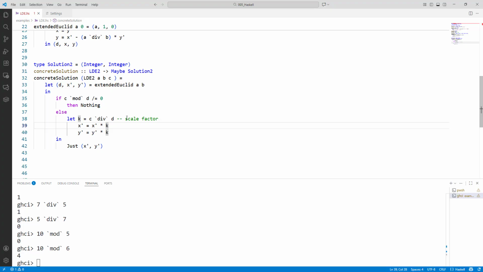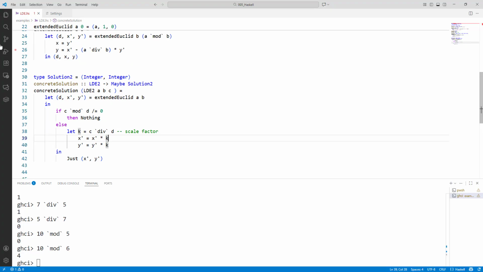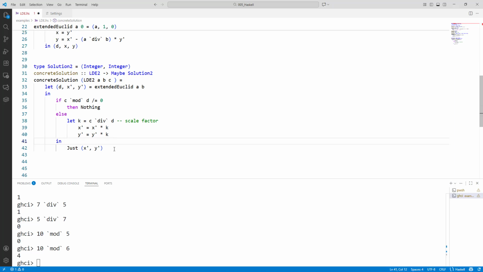Yeah, this is one of the bonuses when you work with famous algorithms that are over 1,000 years old: the machine has learned a lot on them. So after the scaling factor, we found our final solution of x prime and y prime, pretty much. And we finally wrap it up in a Just.